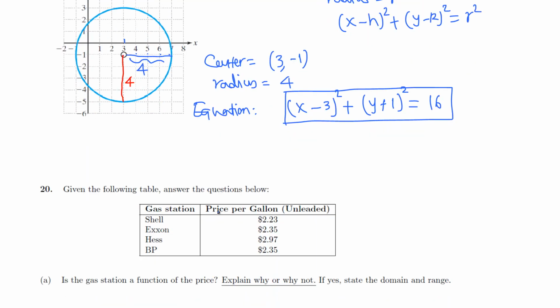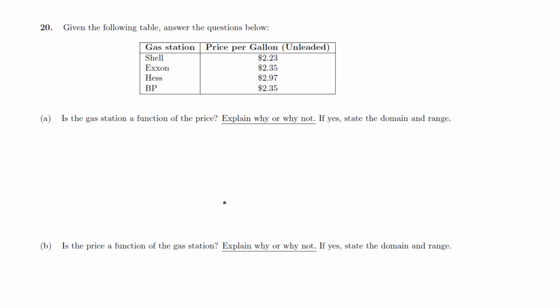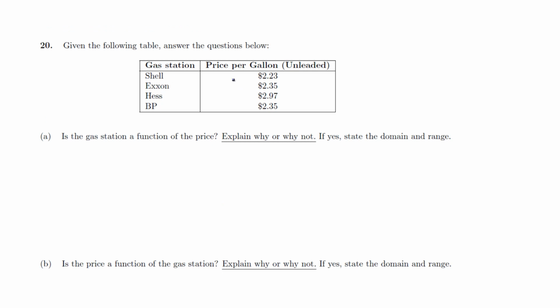Next, we've got a table of gas station and price. Is the gas station a function of the price? So we need to think of y as a function of x. The price is x and the gas station is y, so we need to look in this direction.